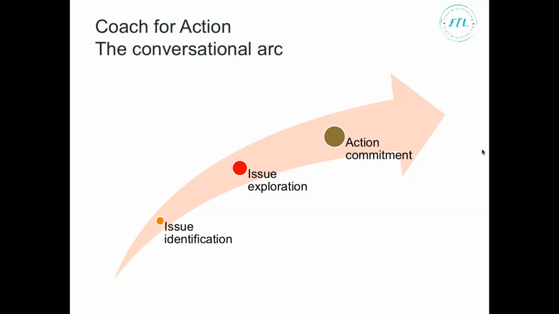Often a team member will come to us and just vent. They're frustrated, they're annoyed, they're stuck, they're embarrassed, whatever the feelings are about a situation or a set of situations, and they're just going to vent. And you actually need to let them do that.